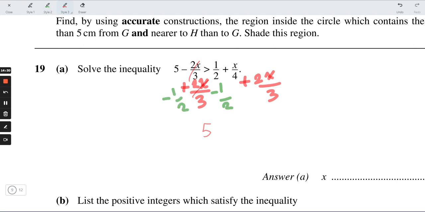So we get 5 minus half greater than x over 4 plus 2x over 3, with the half cancelled. In this case you have to make a common denominator. So here will be 10 minus 1, 9 over 2, greater than, over 12 for both, 3x plus 8x, 11x.